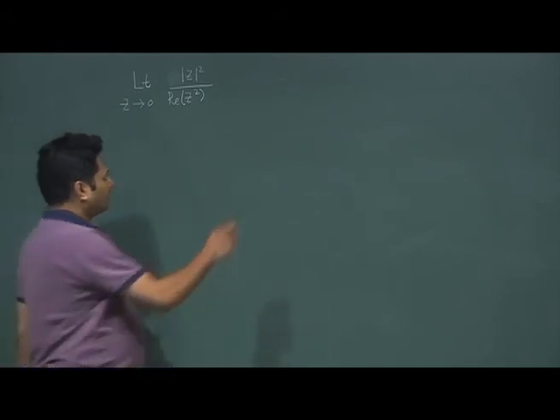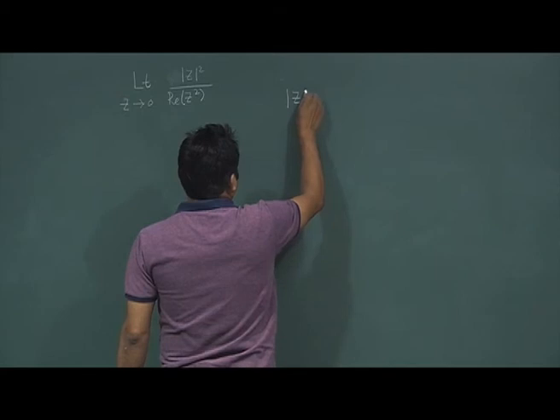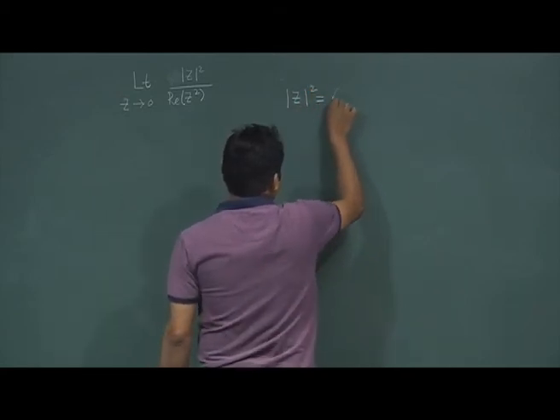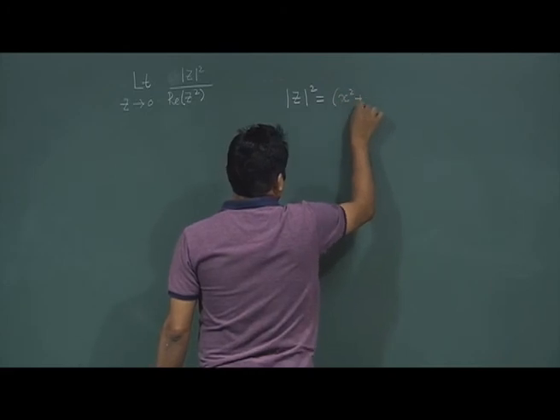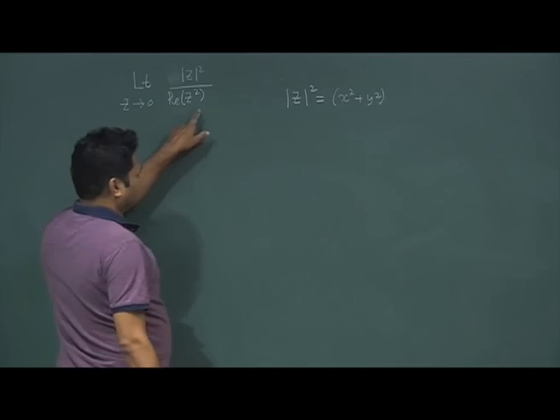So what is the case here? |z|^2 is how much? x^2 + y^2. Real part of z^2, what is z^2?